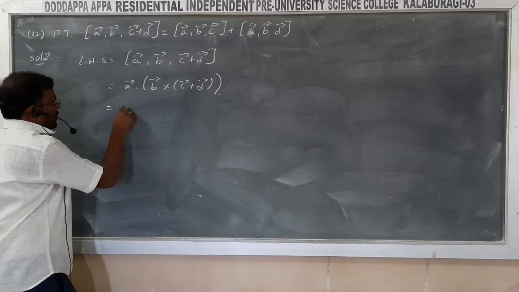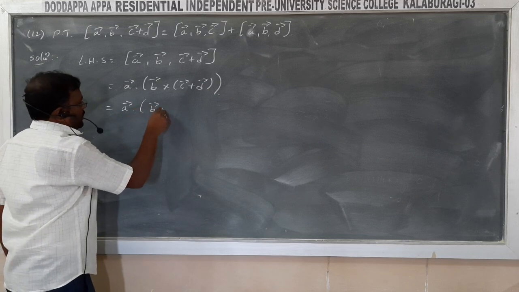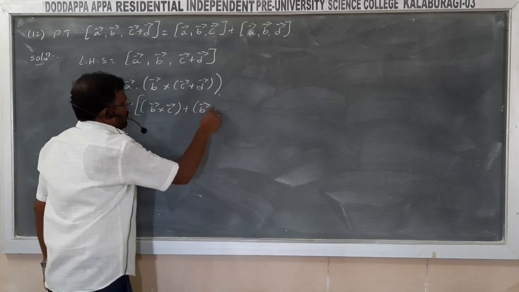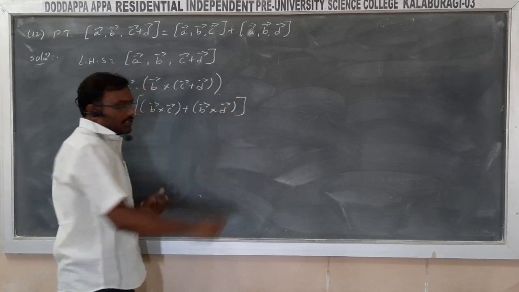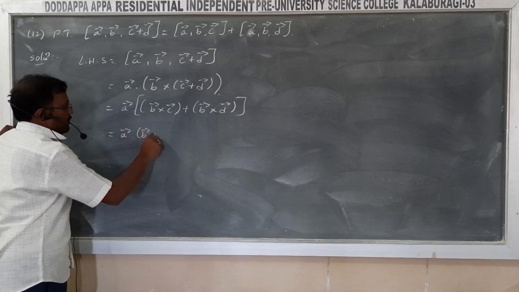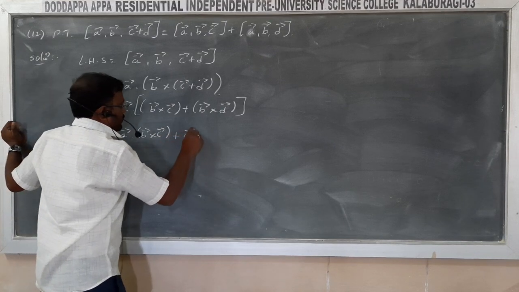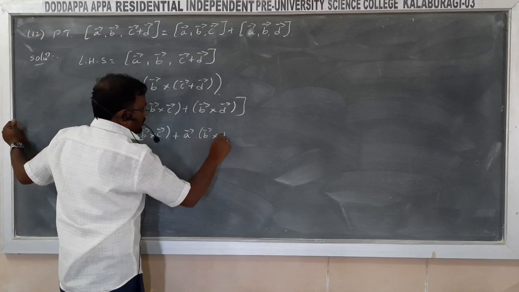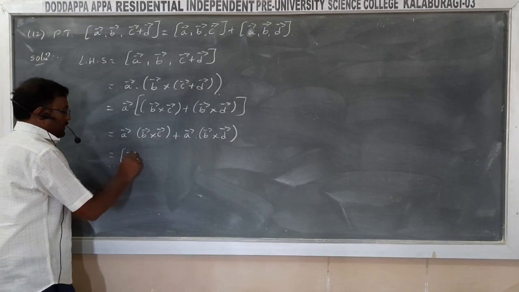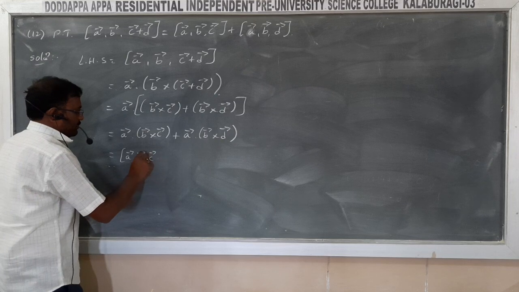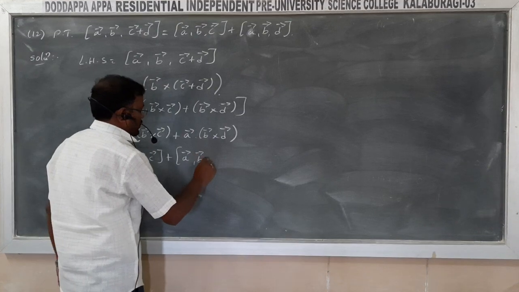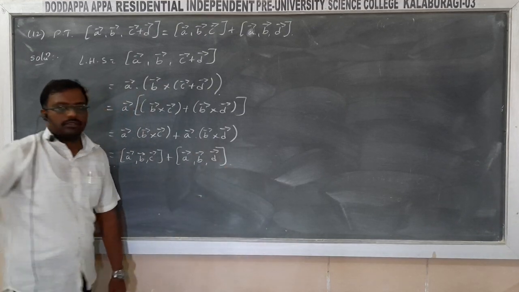Now you can simplify: vector A dot vector B cross vector C plus vector B cross vector D. Now simplify: vector A dot B cross C plus vector A dot B cross D. By definition of scalar triple product, this one is box ABC plus box ABD. Okay.